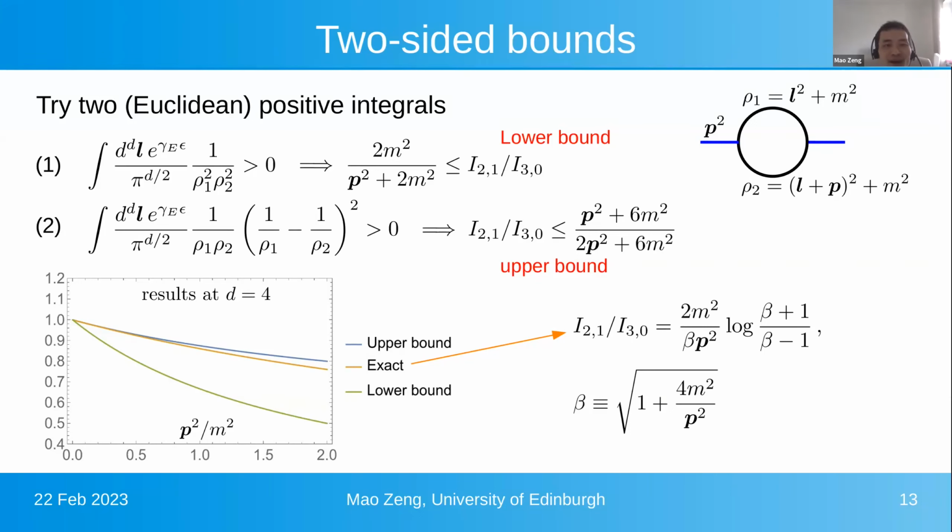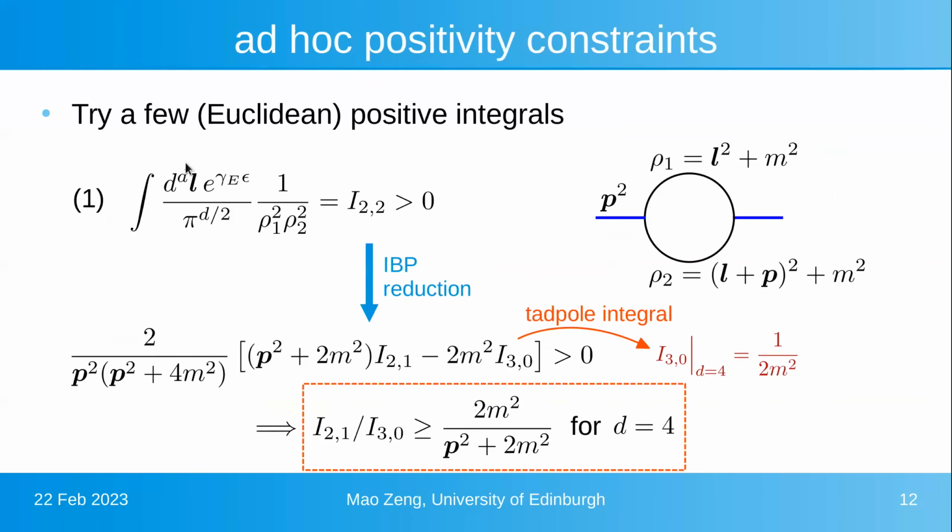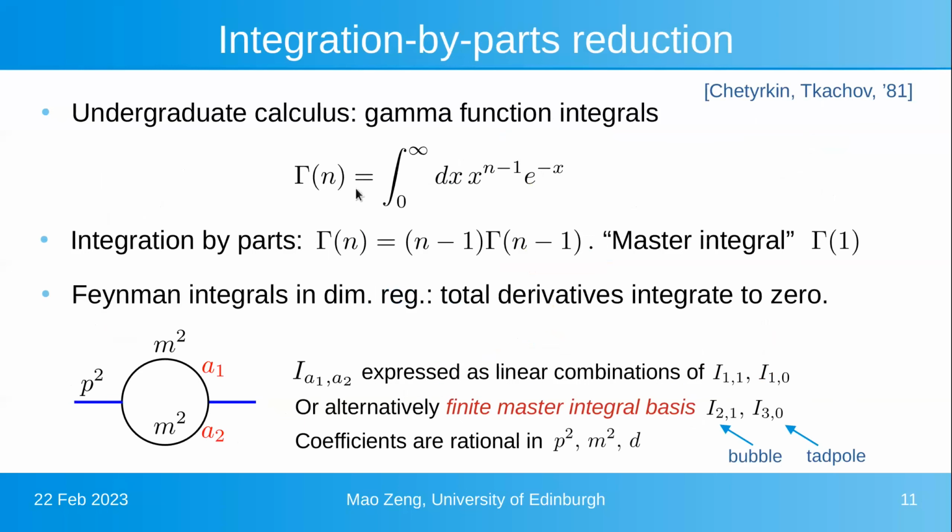Oh, okay. Yeah, so the short answer is just integration by parts reduction. That's the procedure where I(a1,a2) for any positive integers a1 and a2 are rewritten as linear combinations of two master integrals.